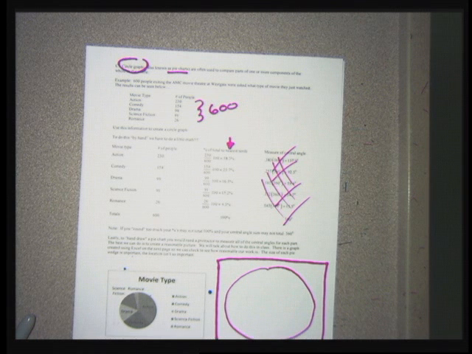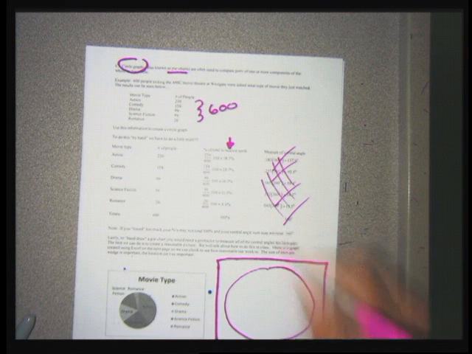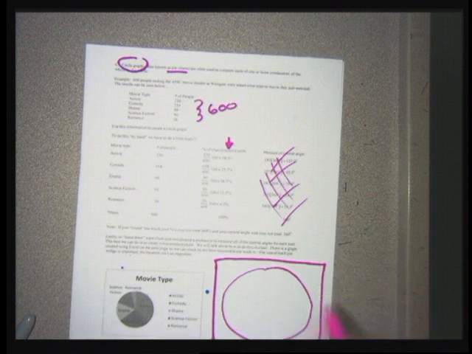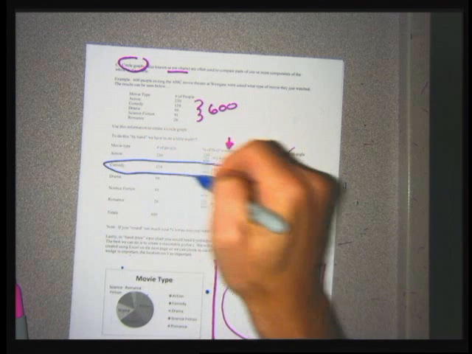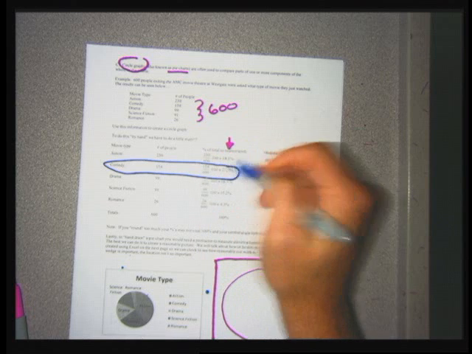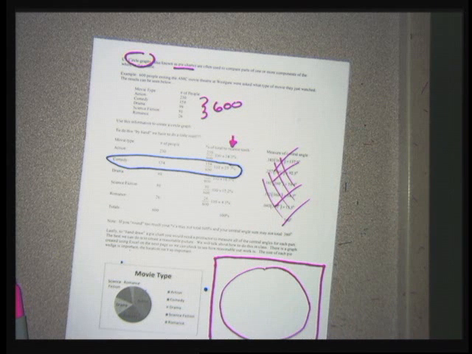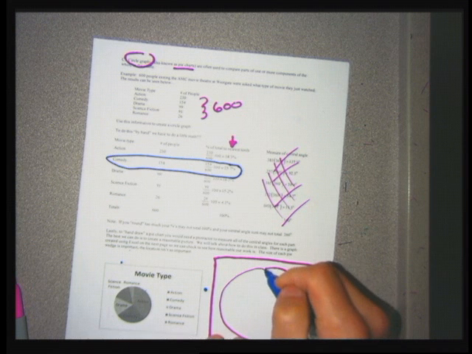And for me, half a circle is 50%, a fourth of a circle is 25%. This part right here, I could draw that more accurately than any of the kinds of movies. 25.7% is just slightly bigger than a quarter.